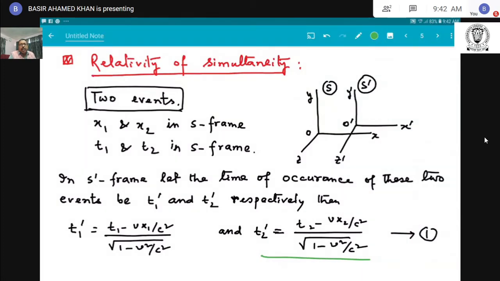Two events at positions x1 and x2 in S frame occur simultaneously, meaning in S frame t1 equal to t2. So from equation 1, although t1 and t2 are the same, since x1 and x2 are different, t1 prime is not equal to t2 prime.